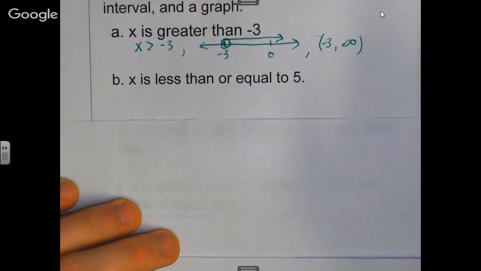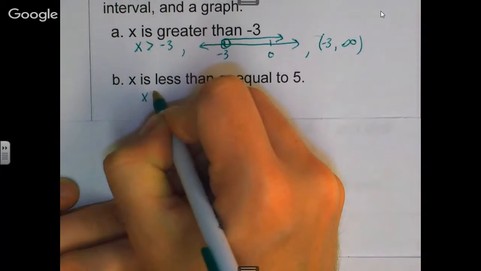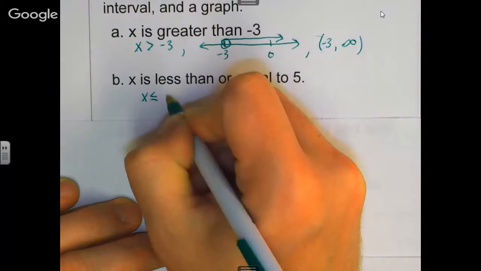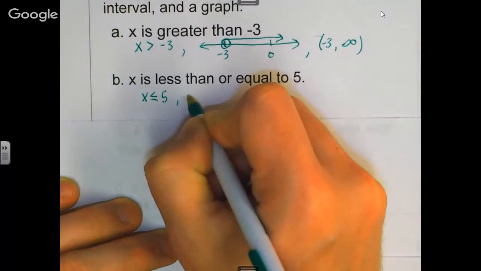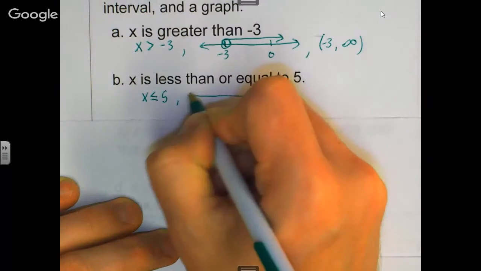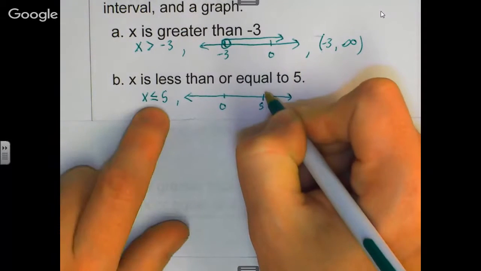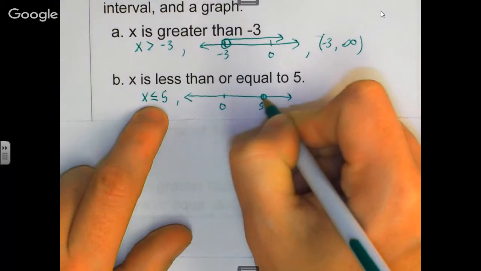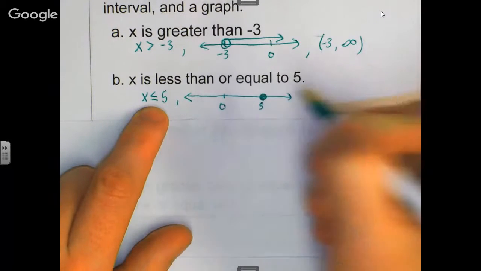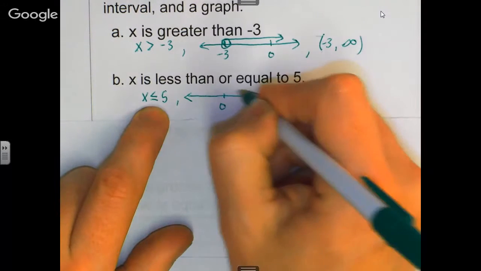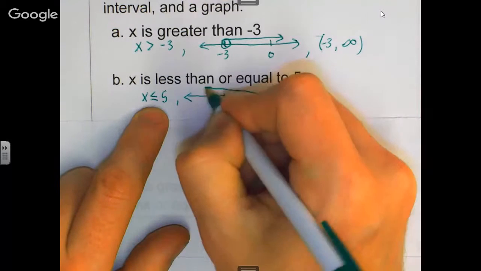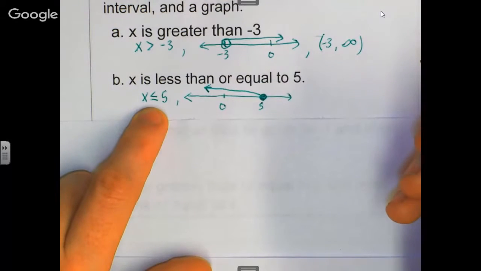B, x less than or equal to 5. So then we'll go to the number line. We'll put 5 and 0. It is less than or equal to 5, so I have a solid dot. And less than is to the left, so I've got my arrow in that direction.